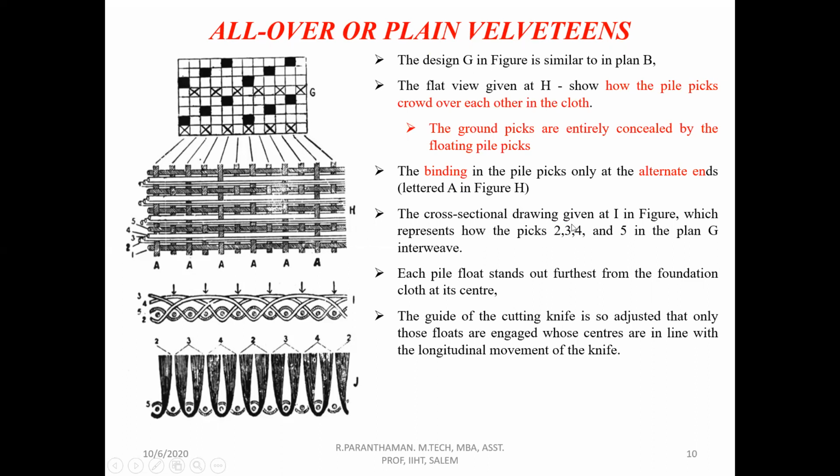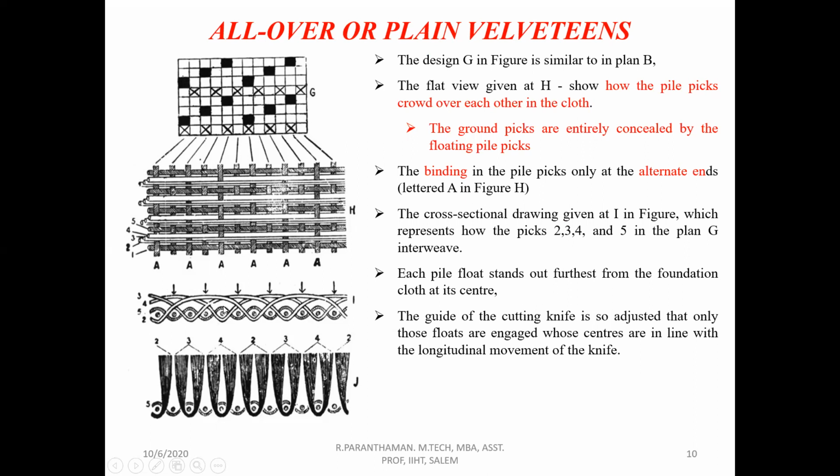The cross-sectional diagram given at I in the figure represents how the picks 2, 3, 4, and 5 in the plan G interlace. See here, it's a cross-sectional view of the fabric. So it represents the second pick, third pick, and fourth pick, how they form the fabric or the loopy surface of the fabric. Each pile float stands out furthest from the foundation cloth at its center.